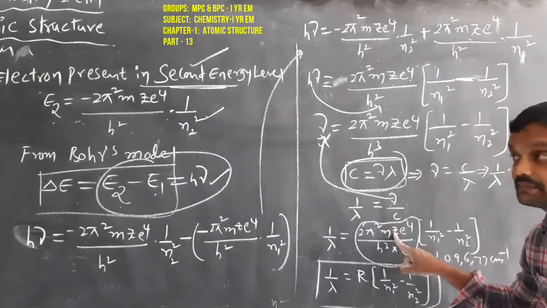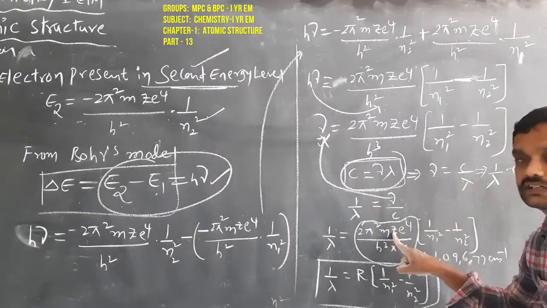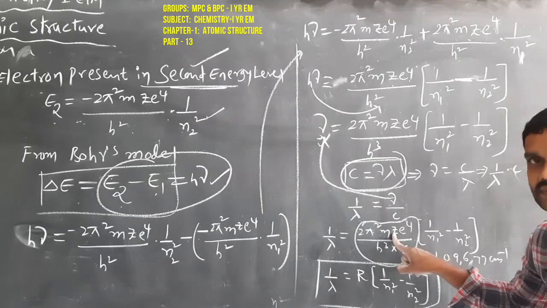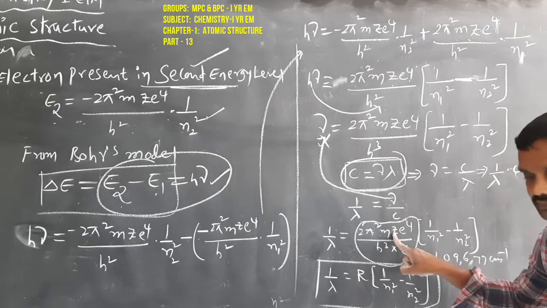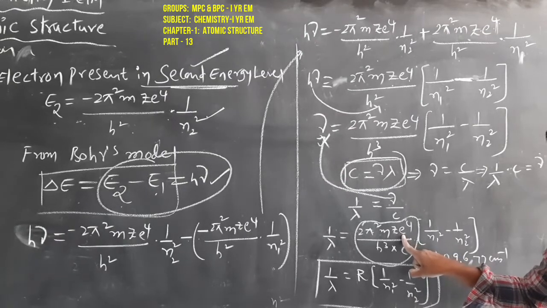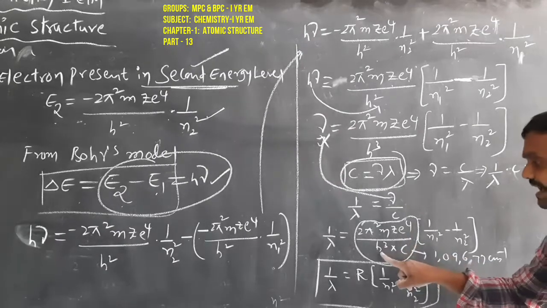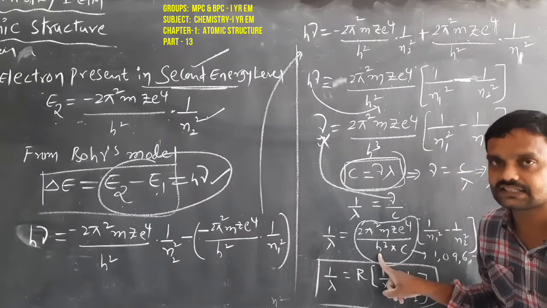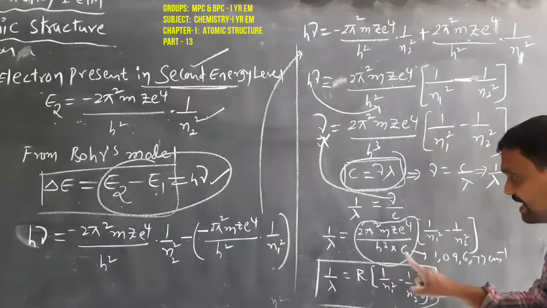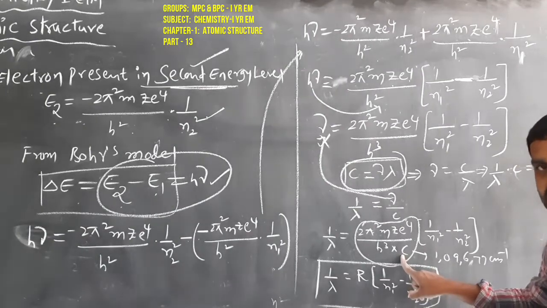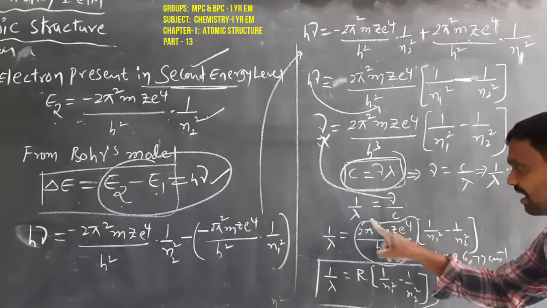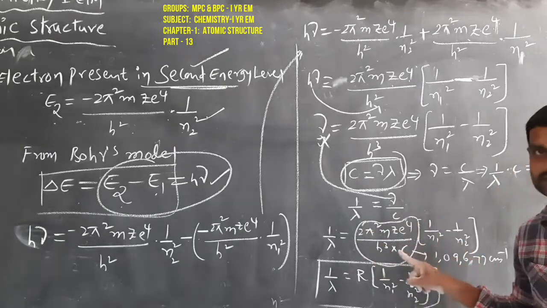Z is the atomic number; here we are deriving for the hydrogen atom, so Z is equal to 1. e is the charge of the electron, 1.6 into 10 power minus 19 coulomb. h is Planck's constant, 6.626 into 10 power minus 34 joule second. c is the light velocity, 3 into 10 power 8 meter per second. So these are all constant values.